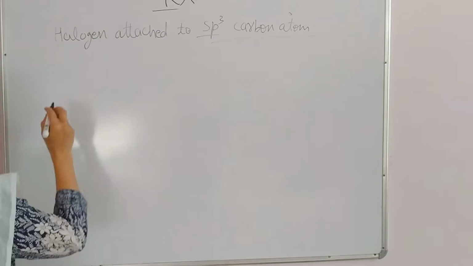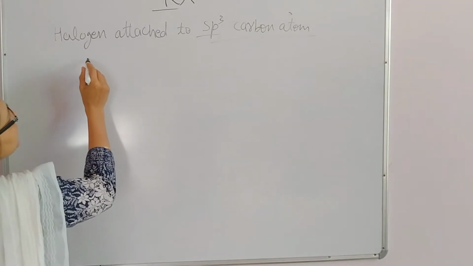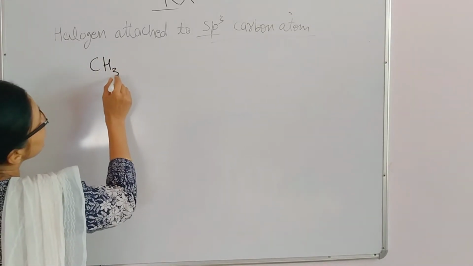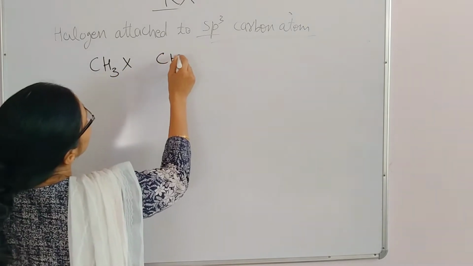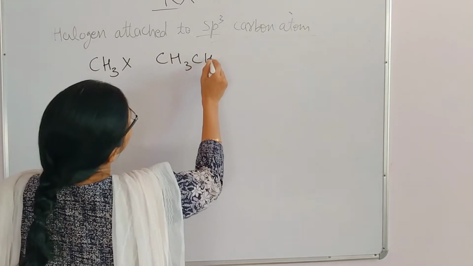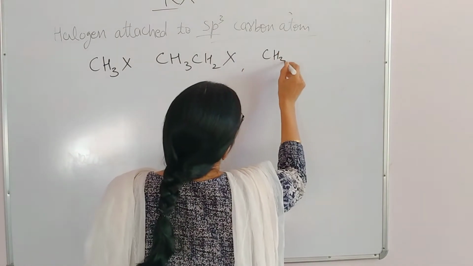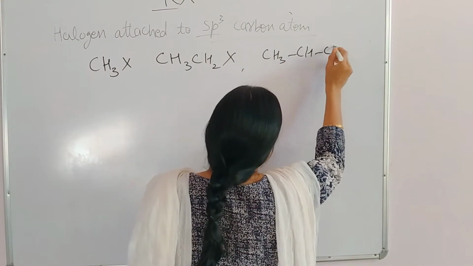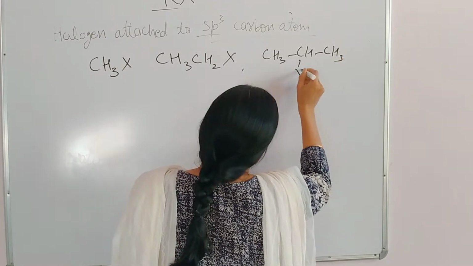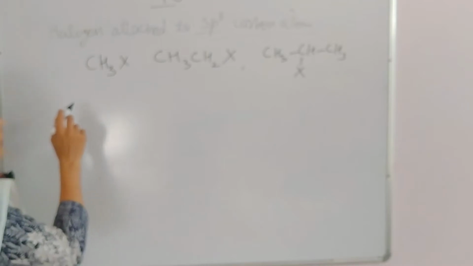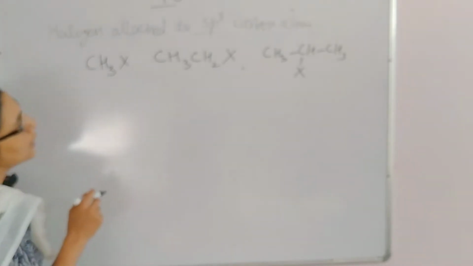So here the very first we will take that simple CH3X, CH3CH2X, then branched one CH3CHXCH3. These all are aliphatic halide and here we will describe as 1 degree, 2 degree, 3 degree.